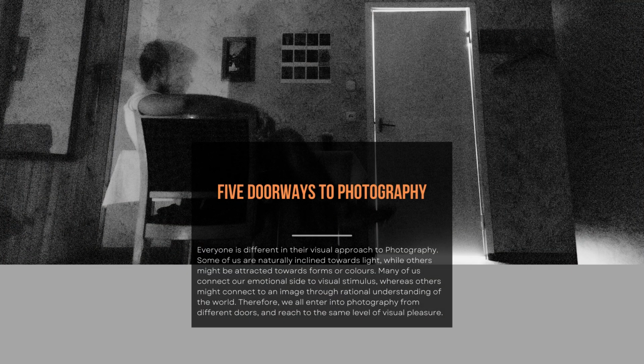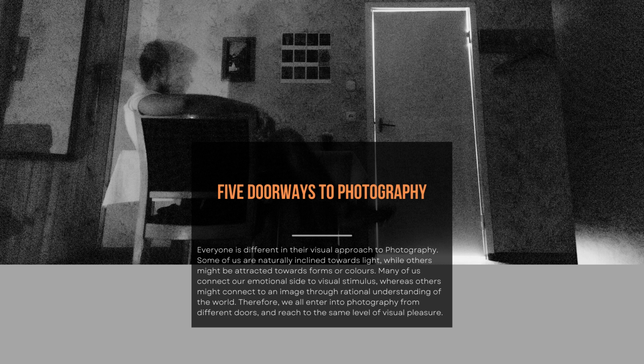We start with the reinforcement of the idea why we need 5 doors, and we need different doors, different entry points, not because we create them, it's just because they are there. The visual language appeals to everybody in its own subjective way. Everyone connects differently with photos.